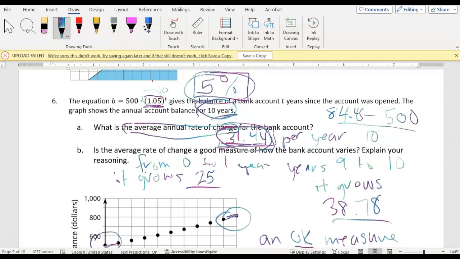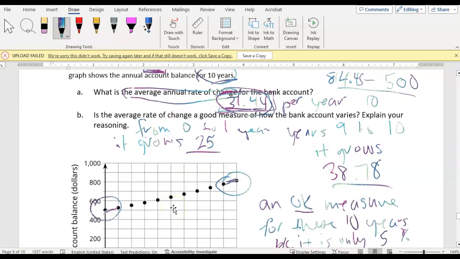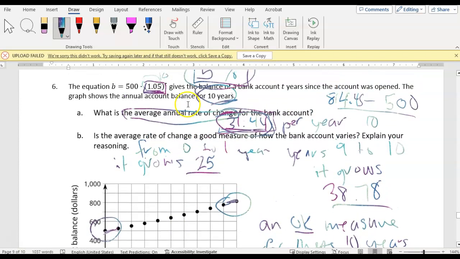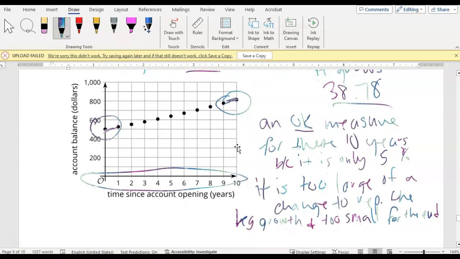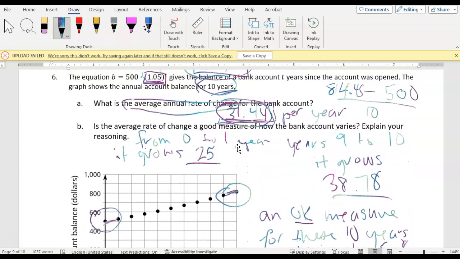If we were to multiply by a factor of 2, doubling instead of multiplying by 1.05, we would see that that average rate of change would definitely not be representative over 10 years. And because we're only increasing by a little bit, this isn't the worst measure, that 31.44 in this case.